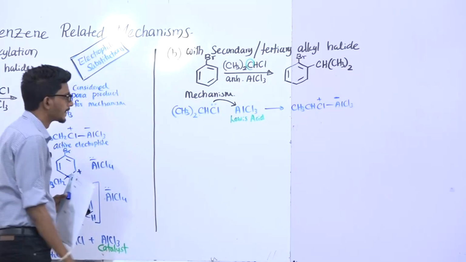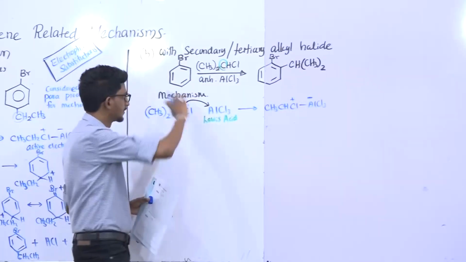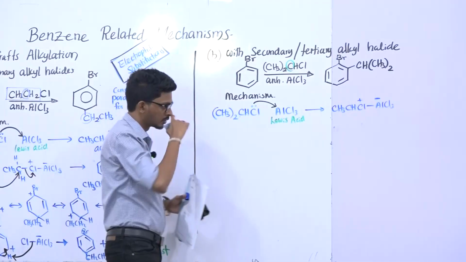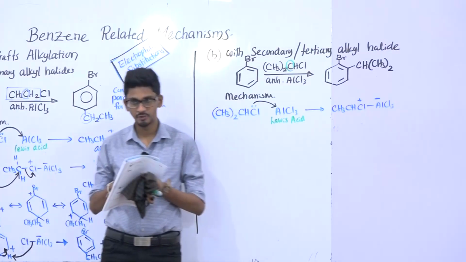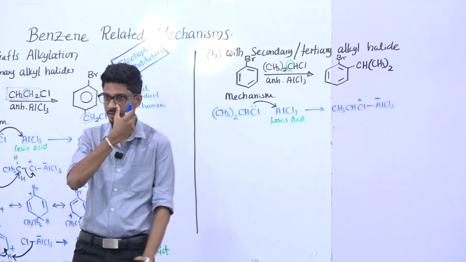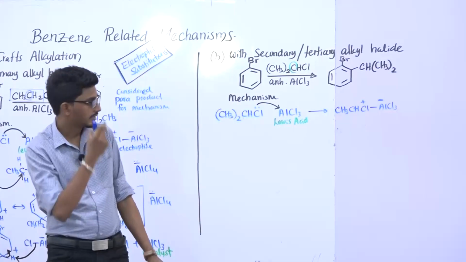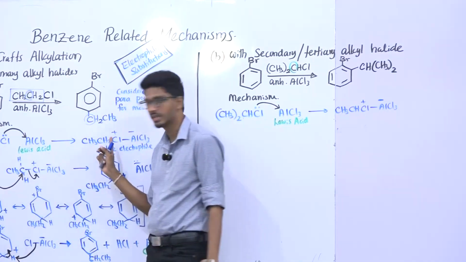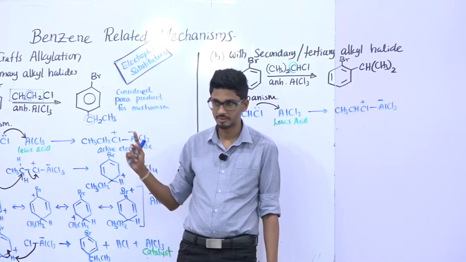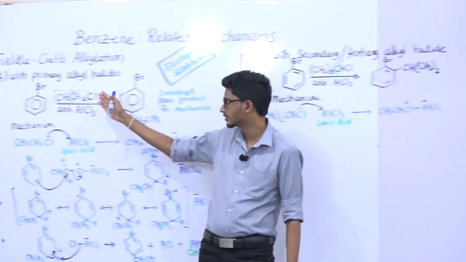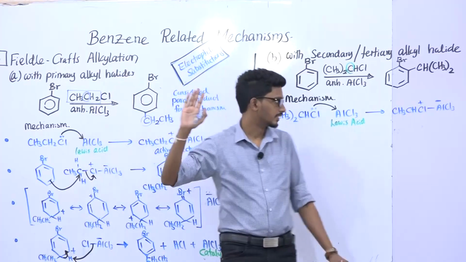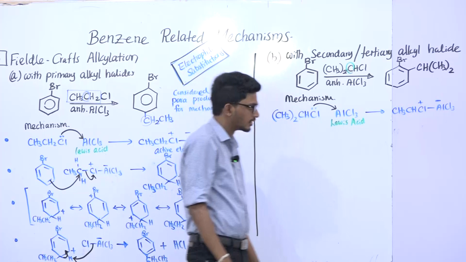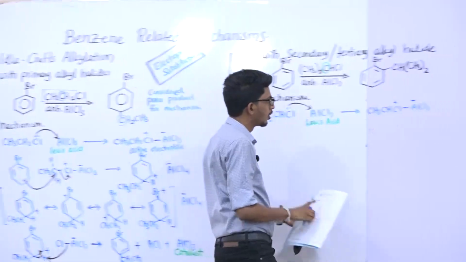The thing with these mechanisms, basically with the secondary and tertiary alkyl halides, is that they can form somewhat stable carbocations by leaving the halogen. Those are more stable than the primary carbocation, which would be made by the primary alkyl halides, right? The tertiary and secondary carbocations are a bit stable, so such a carbocation will form here.